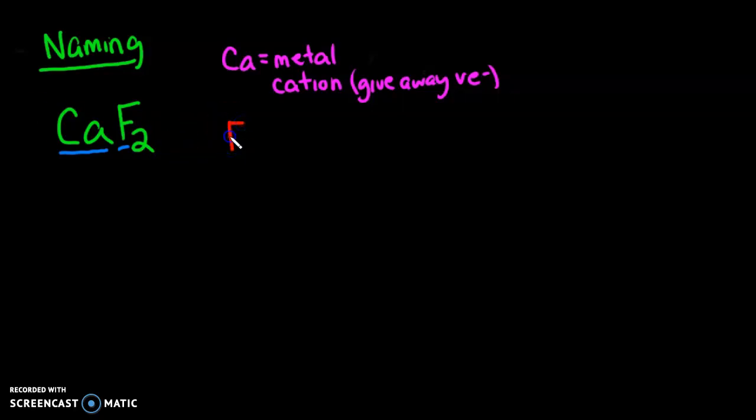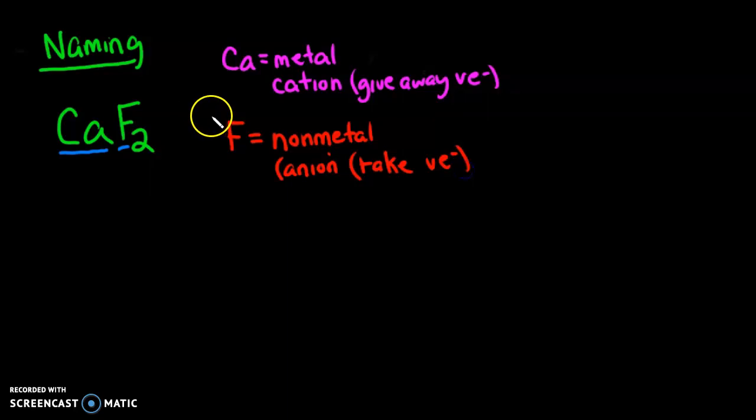Our second element here, we have fluorine, F. And if I look at my periodic table for fluorine, it's in group 17 and period number 2. So it is a nonmetal. And nonmetals form anions, negatively charged ions. And those are going to take valence electrons.